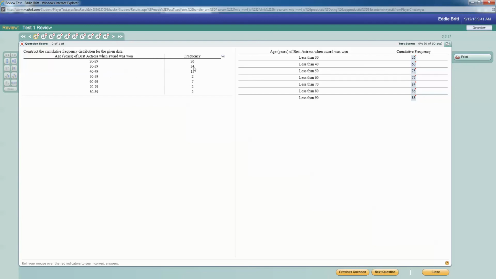So 26 plus 34 plus 15, 75. Less than 60, so we have two more. So 75 plus 2, 77, and so on and so forth. Just fill out the rest of the table.